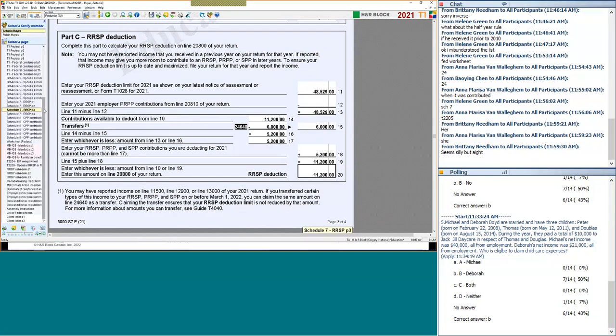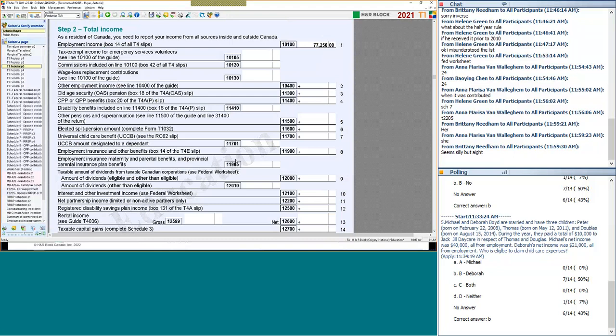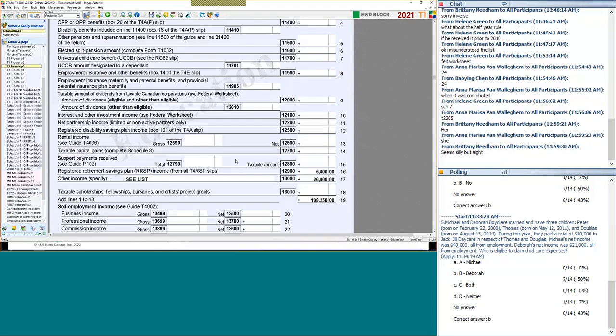Okay. Now the problem with that is if you looked at his T4 carefully, in addition to a portion eligible to transfer, a box 66, he also had a box 67, which is not eligible to transfer. So his other income was quite high. He had $6,000 from box 66, but he also had $20,000 that was not eligible.